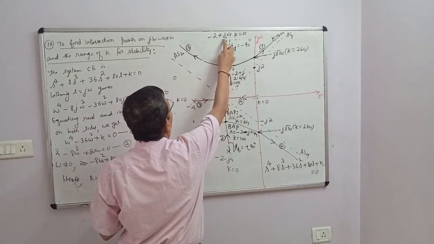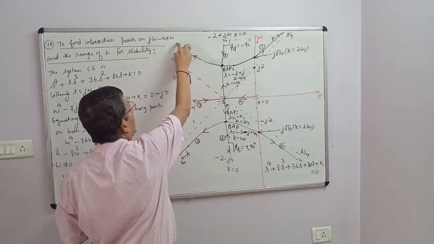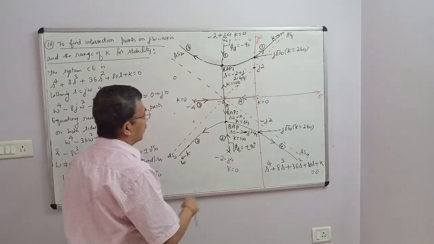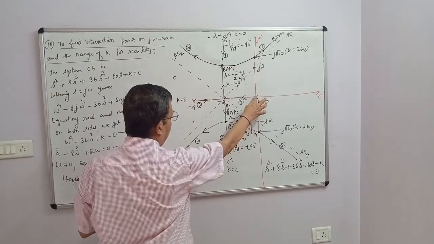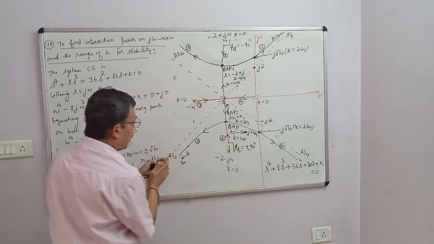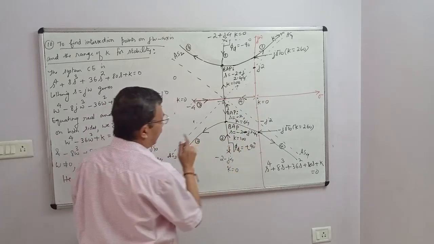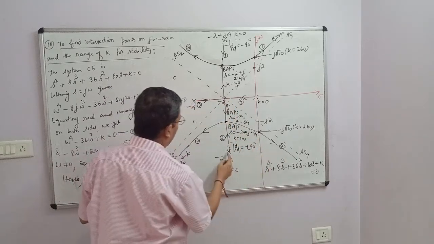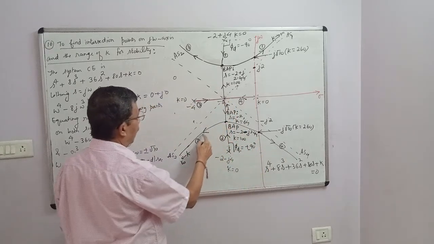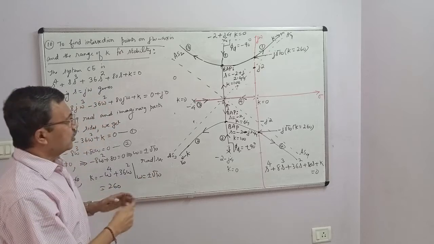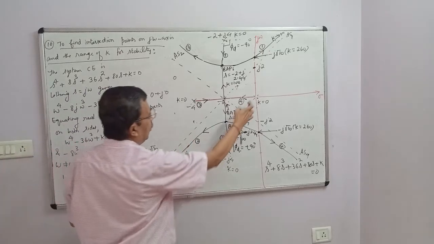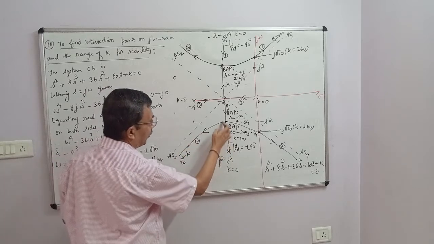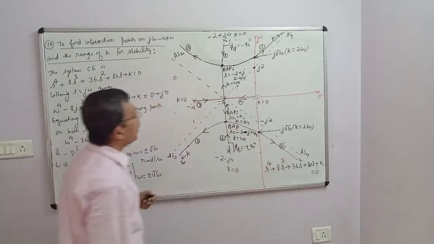This pole can select asymptote number 3 and this pole can select asymptote number 1. Same logic here also. These 2 poles can select either AS3 or AS4. In the present case, this pole has selected asymptote number 4 and this pole has selected asymptote number 2. This pole can also select asymptote number 2. In that case, this will select asymptote number 4.